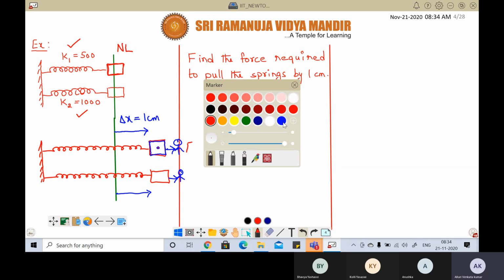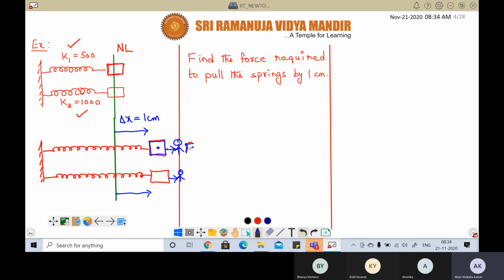So how much force does the man have to apply? Find the force required.